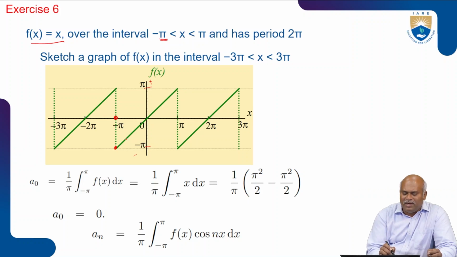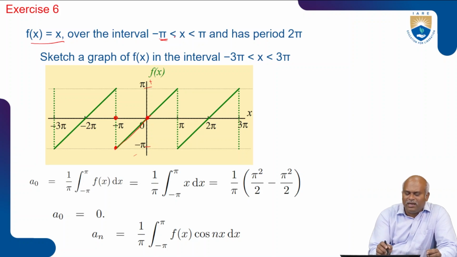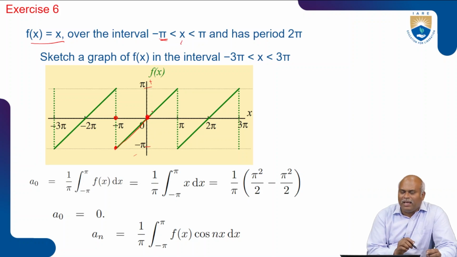If we increase from the minus values, automatically the values increase. At x equal to 0, the amplitude value is also 0. If we increase to the pi value, then it also increases up to plus pi.